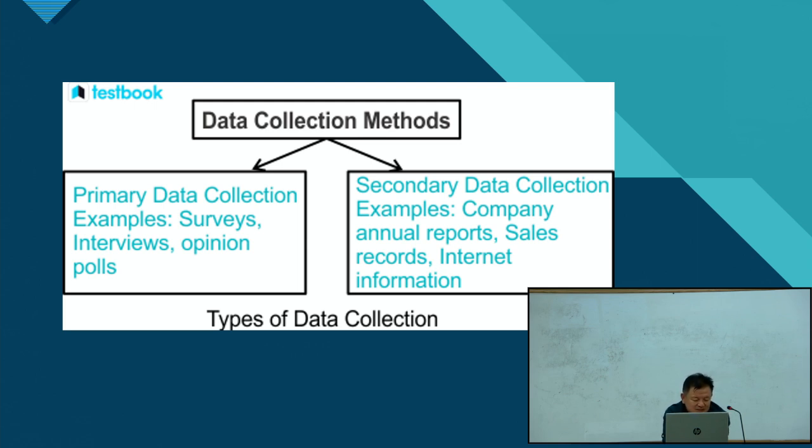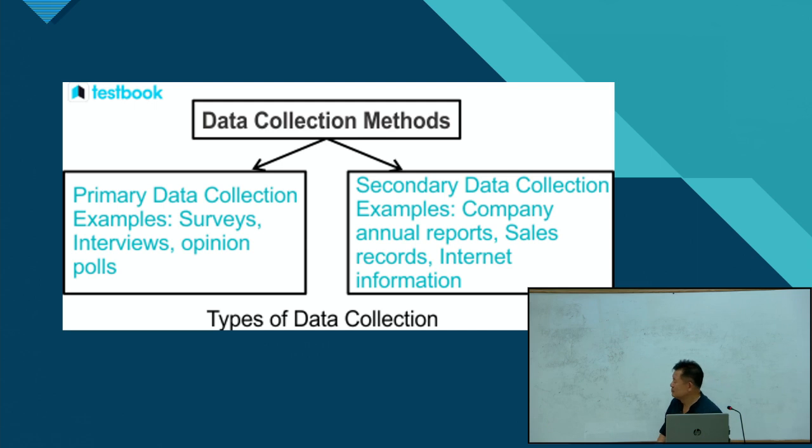One is primary data collection, for example surveys, interviews, opinion polls. As we say, this is raw data. Secondary data collection examples are the company annual report, sales records, and internet information. We get the first data and then manipulate it.